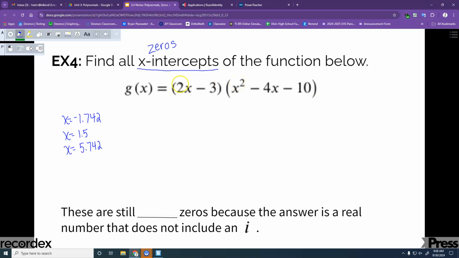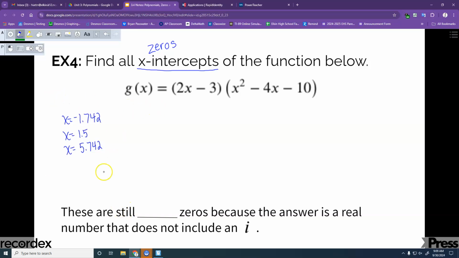So if we made the box and multiplied this back together, we'd have a 2x times an x squared, and that'd give us x to the third power. So this is going to be a third degree equation, so you're only going to have 3 answers for this. You could have fewer if it was a triple root or a double root somewhere, but that doesn't happen on this one.